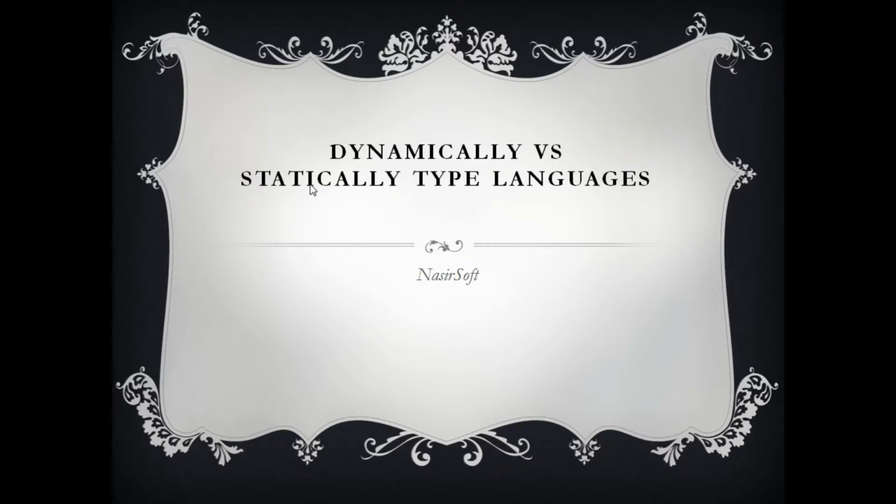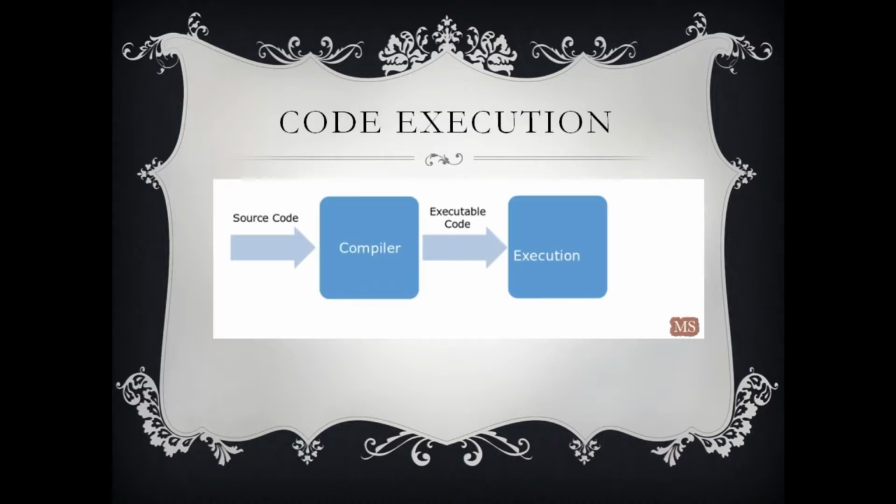In this video I will talk about the main difference between dynamically typed languages versus statically typed languages. Before going to the details, we first need to understand how code execution happens. When we write source code, our compiler compiles it and creates an executable code that is understandable by the execution.